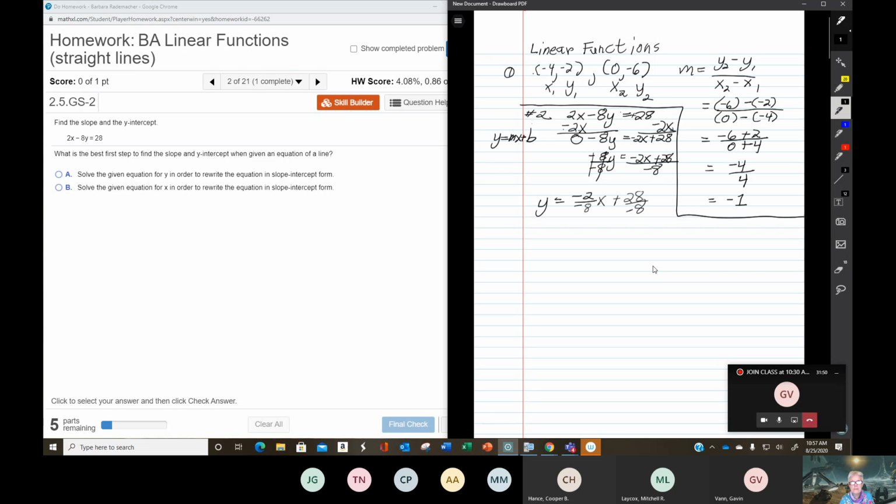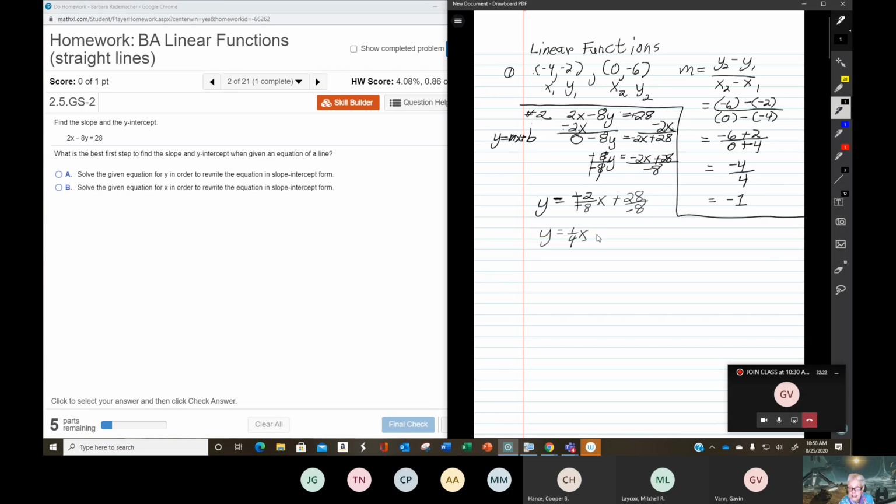Now, I haven't reduced those numbers yet. You can't have a fraction that's not completely reduced. So this is just an equal sign. All right, the negatives cancel, and 2 over 8 is 1 over 4. So this is 1/4 x. Now I've got a positive 28 over a negative 8.